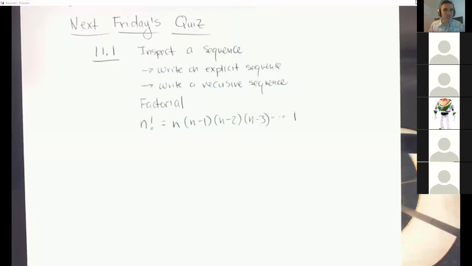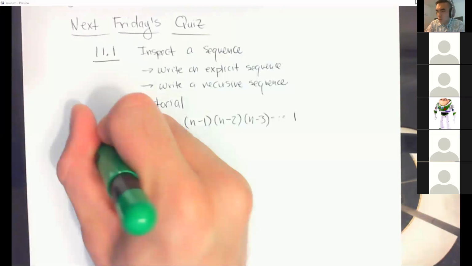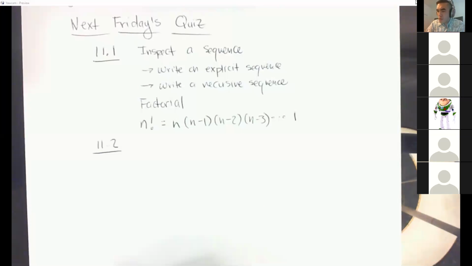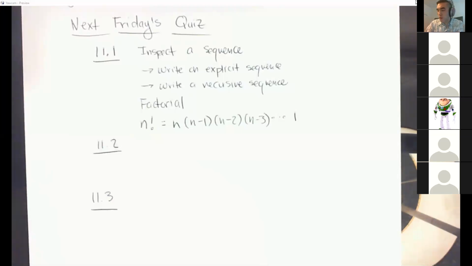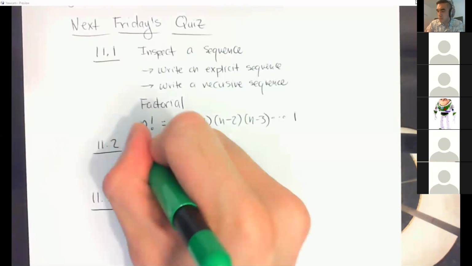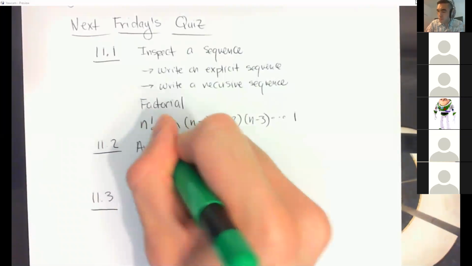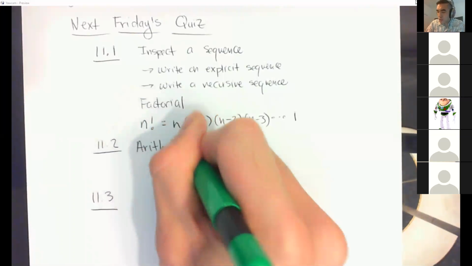And then the next two sections are really straightforward, I think. 11.2 and 11.3 are the same notion, except we get really detailed about arithmetic sequences and geometric sequences.